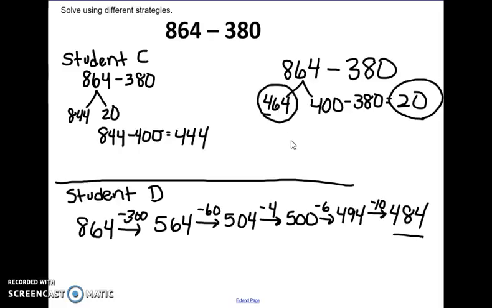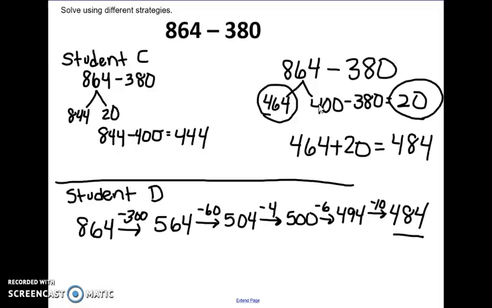So we need to add up 464 plus the 20, which would then give you your 484. So sometimes, when we are subtracting, the arrow method is the easier way to do it, rather than using a number bond.